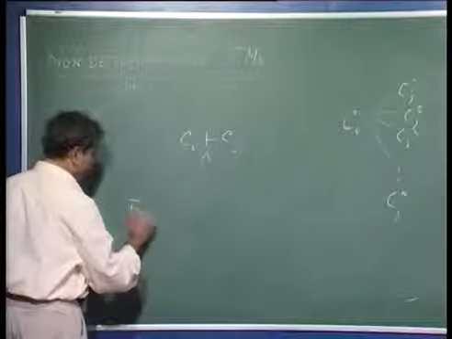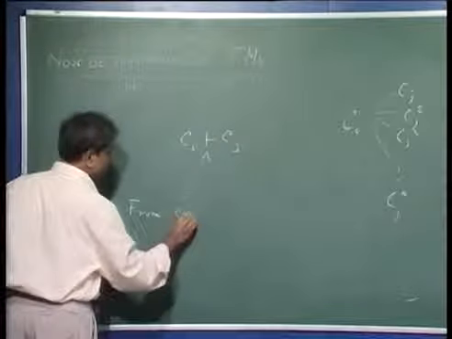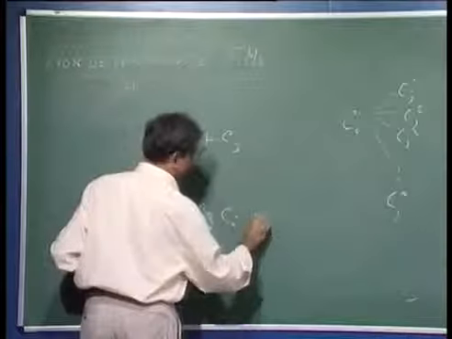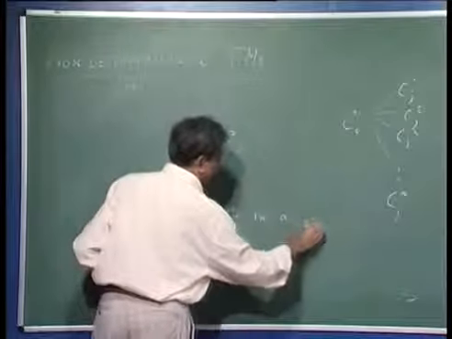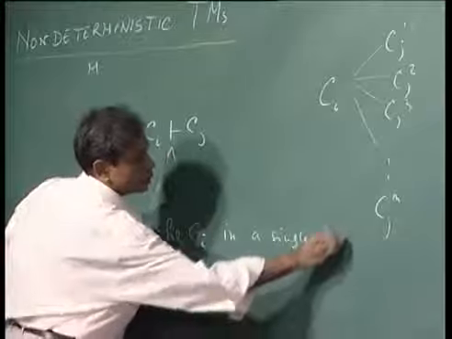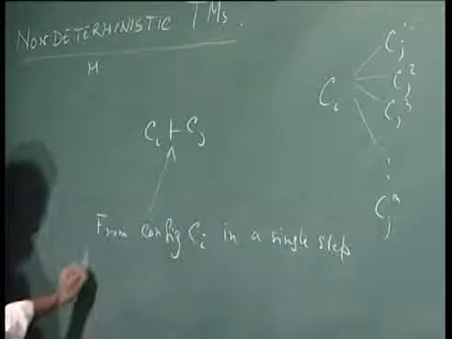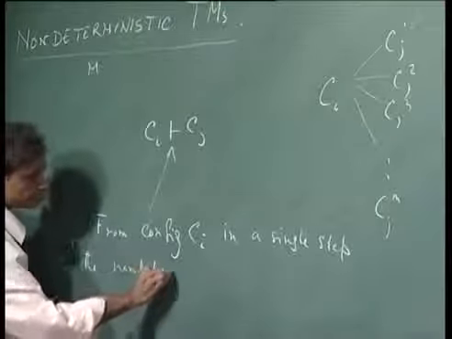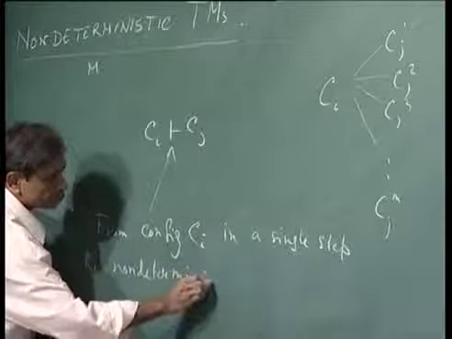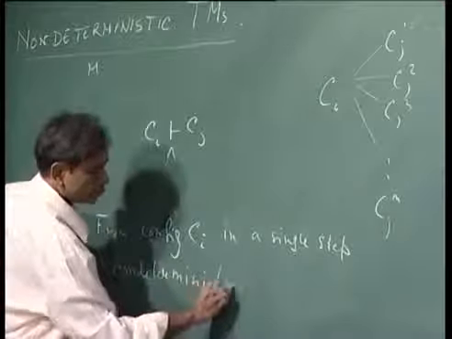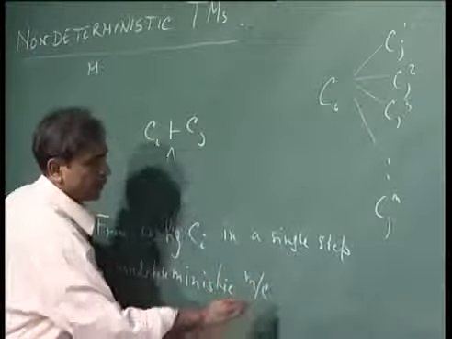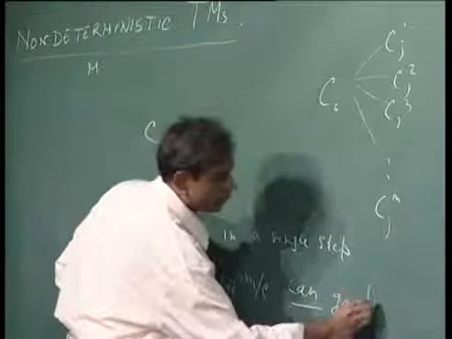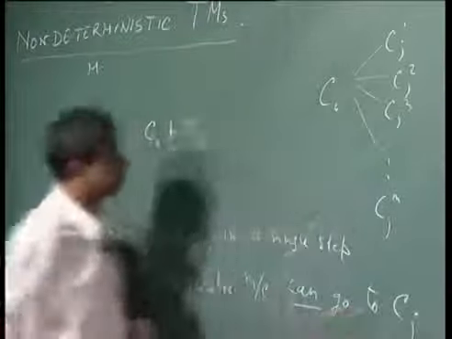provided we understand this as: from configuration Ci in a single step, the non-deterministic machine can go to configuration Cj.